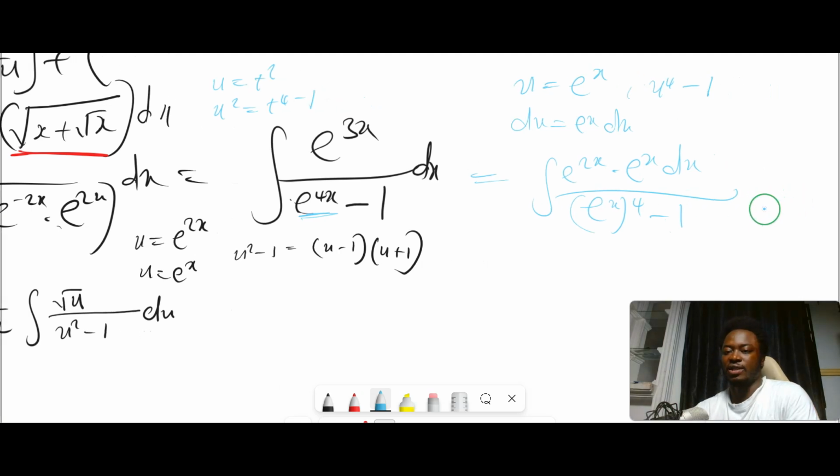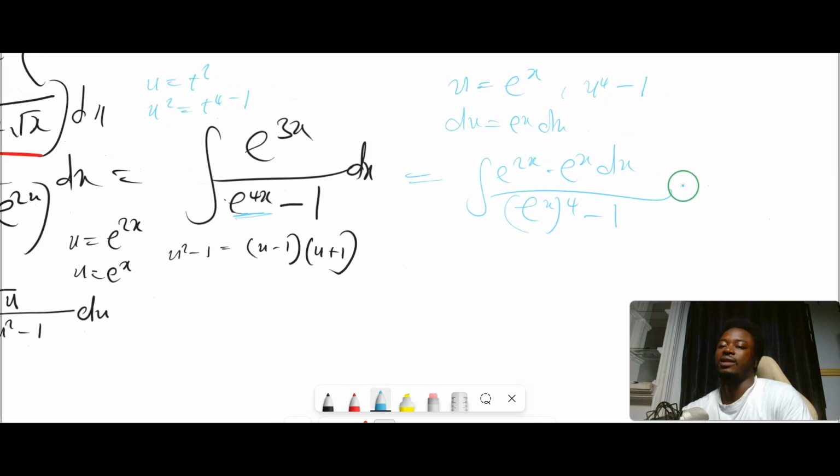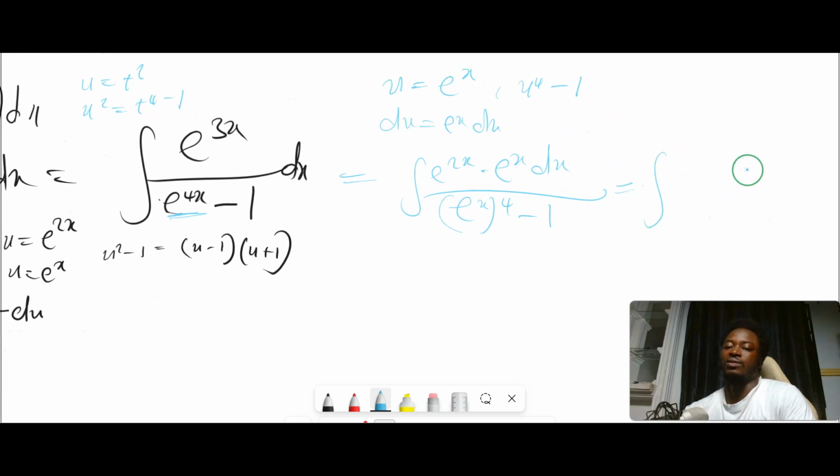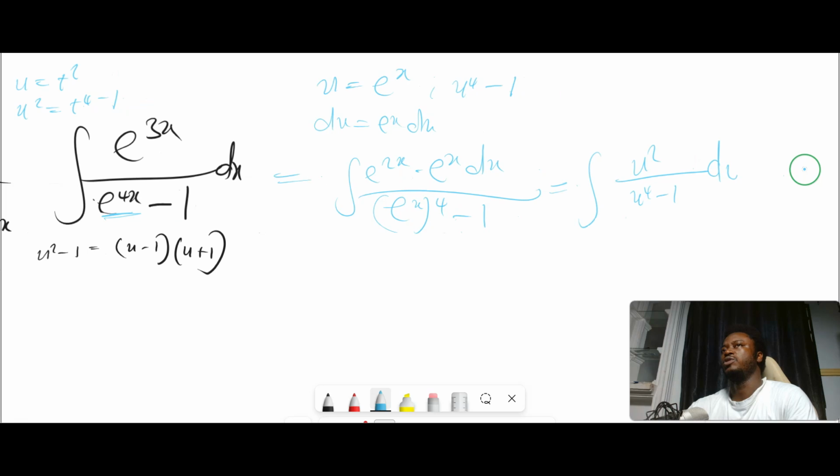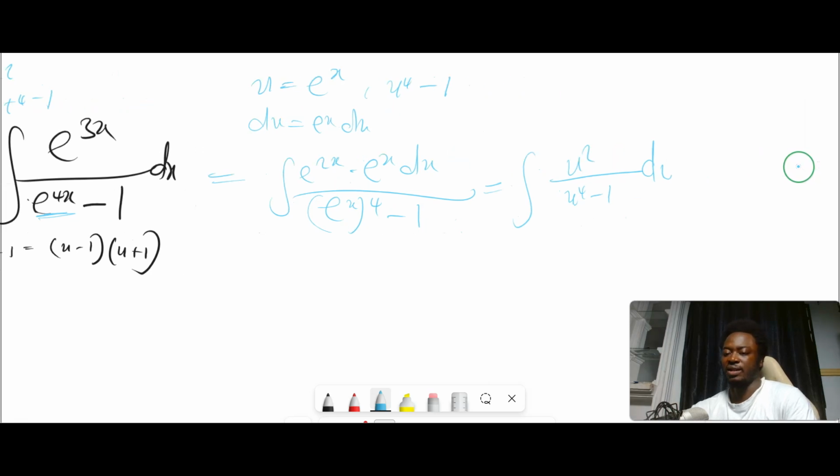Now e to the 2x will be u squared. So this is going to equal the integral of u squared over u to the 4th minus 1 du, which is better by far. Why is it better by far? Well, because we don't have to do any substitution again, and it does not involve radicals.